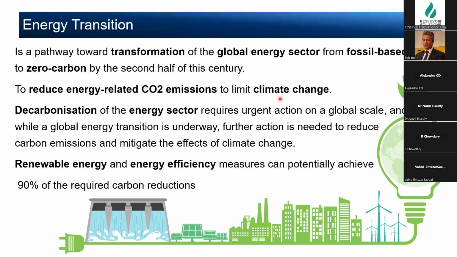And as you know, decarbonization of the energy sector requires urgent action all over the world. So we need to take action as soon as possible. Currently, we know that renewable energies and energy efficiency have the potential to reduce carbon emissions by about 90%.